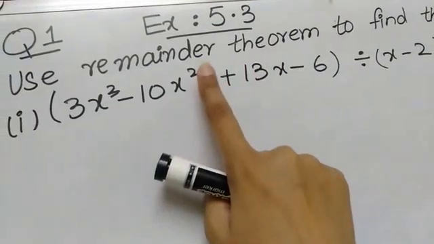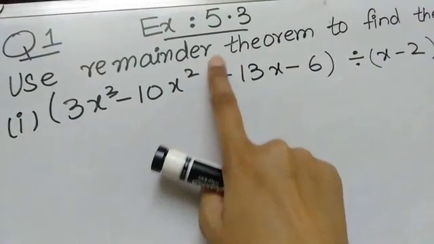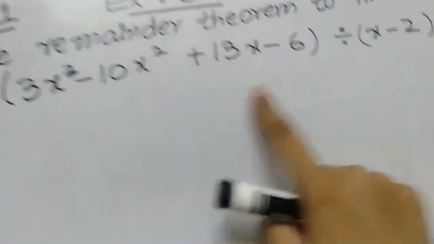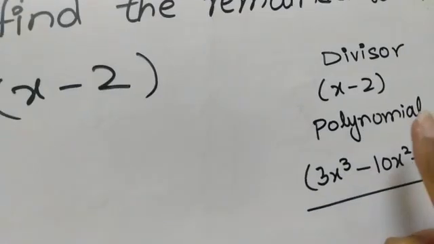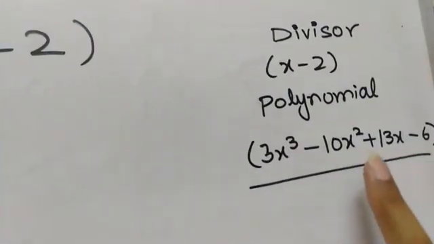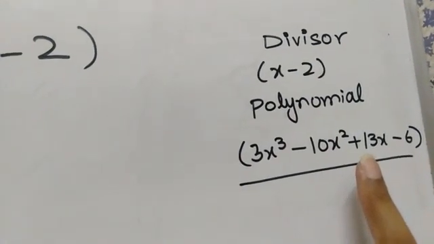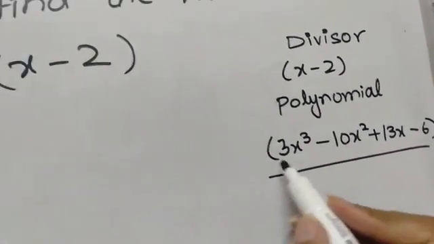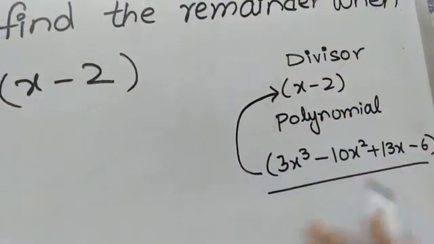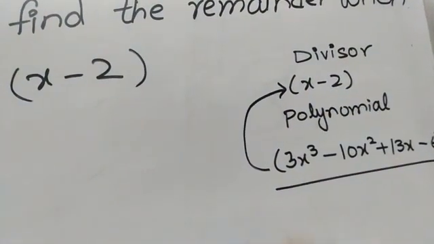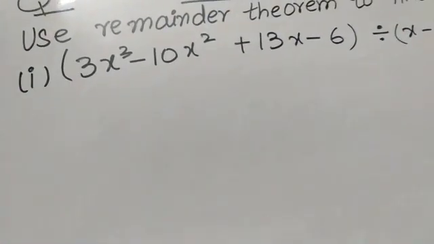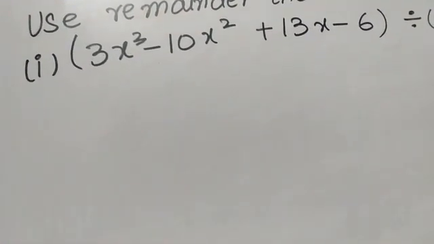Firstly, you should know that x minus 2 is our divisor and 3x cubed minus 10x squared plus 13x minus 6 is our polynomial. But we will not divide it, we will find the remainder by using the remainder theorem.